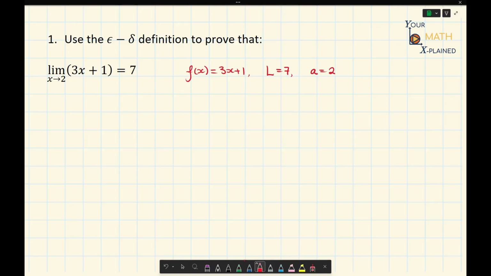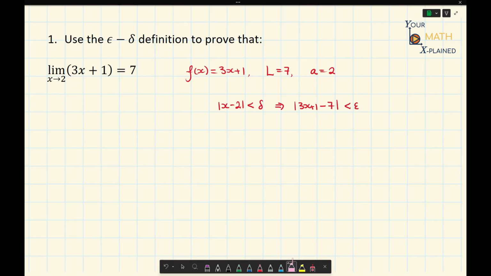So the precise definition says that for every epsilon, there must exist a delta such that the absolute value of x minus a, which is 2, is less than delta, implies that the absolute value of f of x, which is 3x plus 1, minus the L value, which is 7, must be less than epsilon.